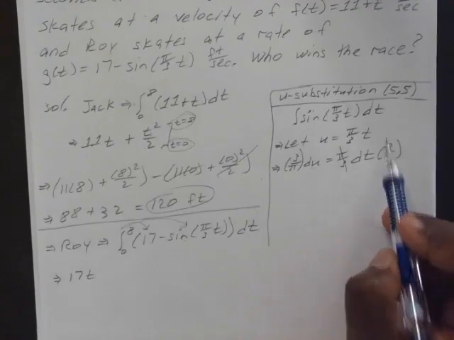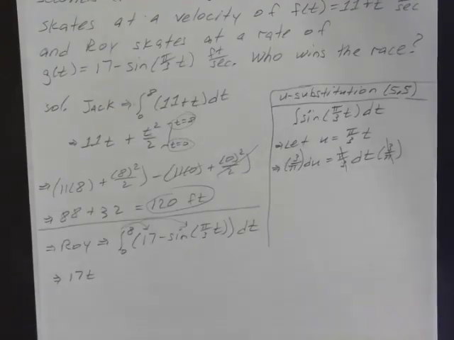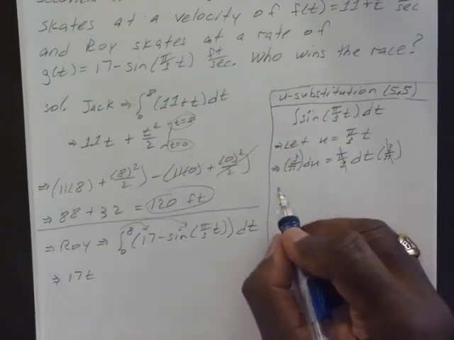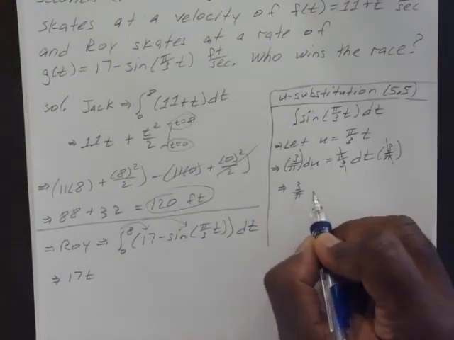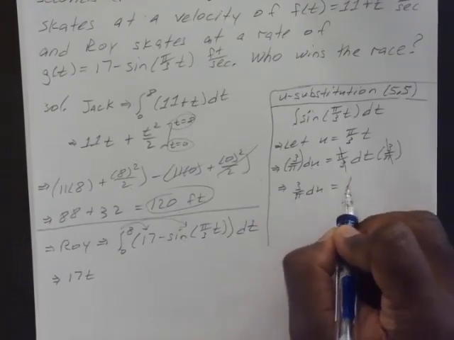Where these two cancel each other out, because if you multiply them, it just equals 1. So we know that 3 over pi du is equal to dt.